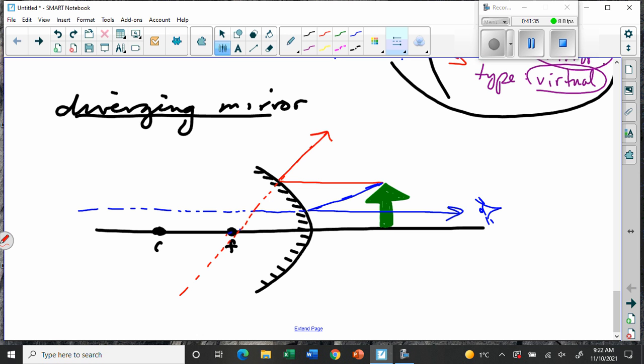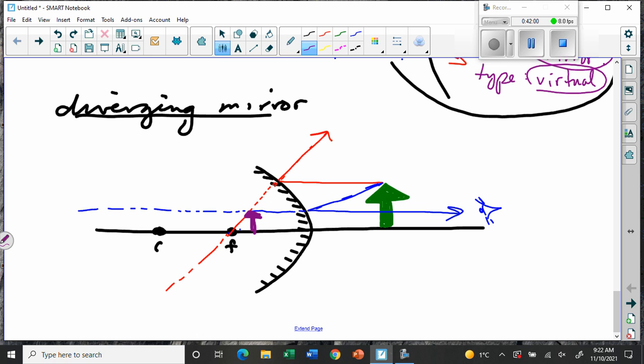And if another eyeball were to see this red line, it would think that it came from somewhere in here. And in fact, that one should be going right through the focus, except I went off a little bit. Let me just, like that. There's the reflected ray. So those are the lines that we want to draw, because those are where it looks like the reflected rays come from. And you'll see that what we get is an arrowhead right here.